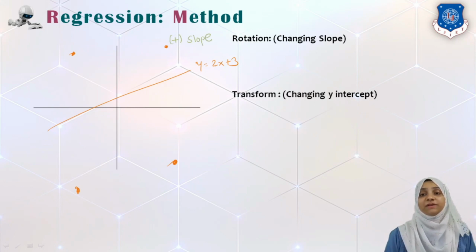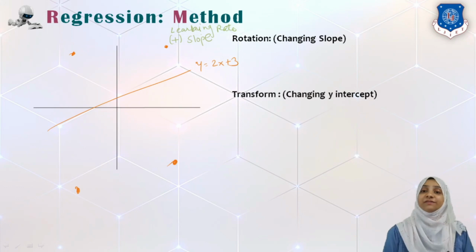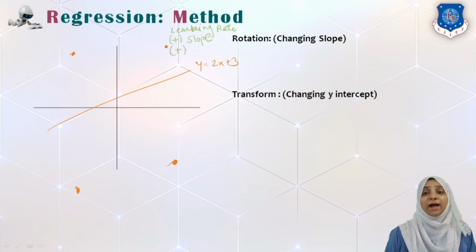Whatever the previous slope is, we have to add some component to it. What gets added is called the learning rate. So the learning rate has to be added to the slope. And since this point is above the line, we also have to add the learning rate to the y-intercept.